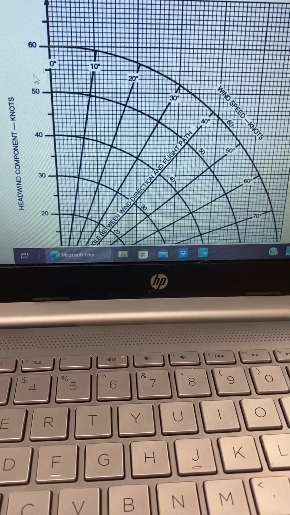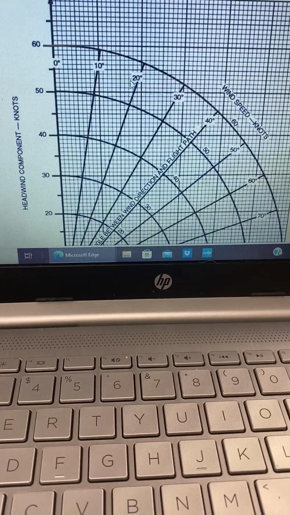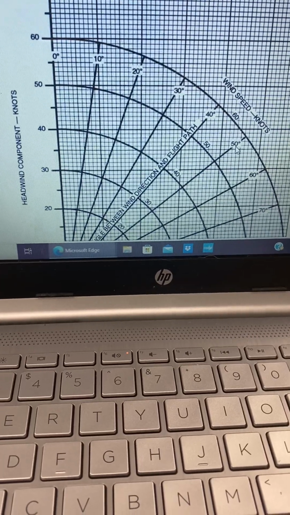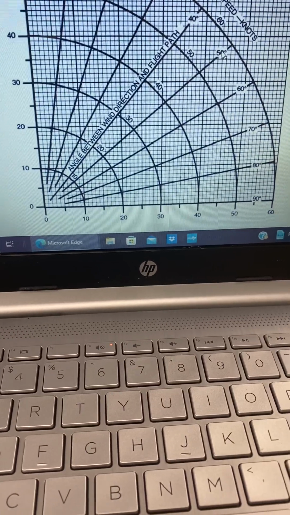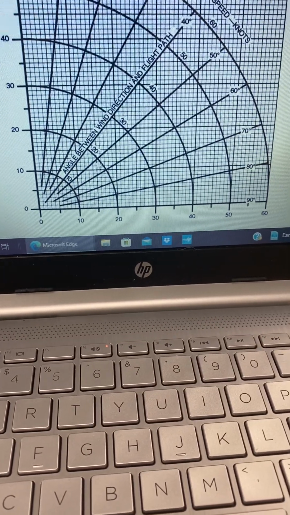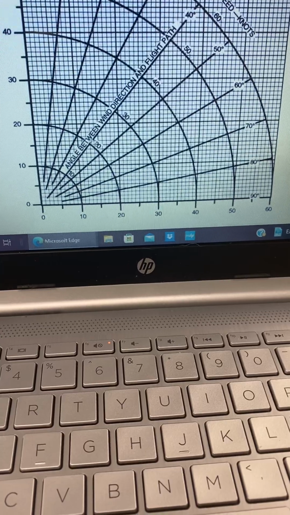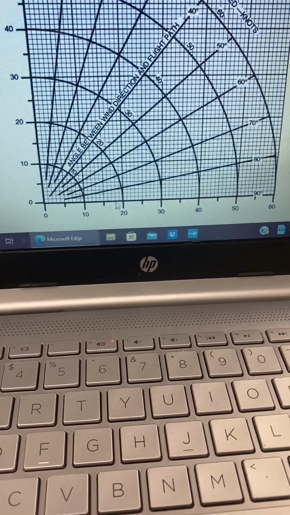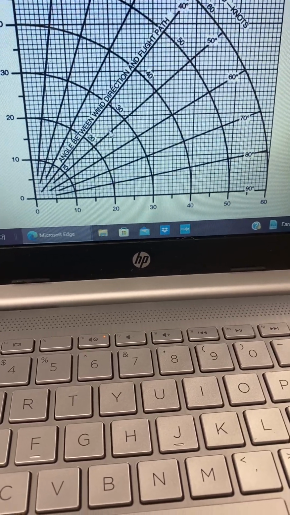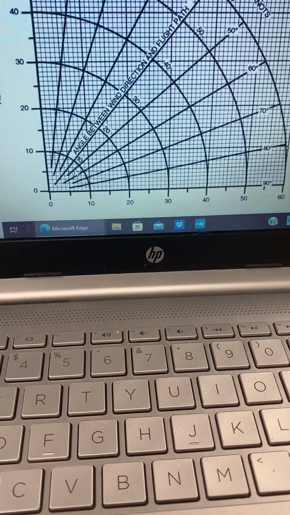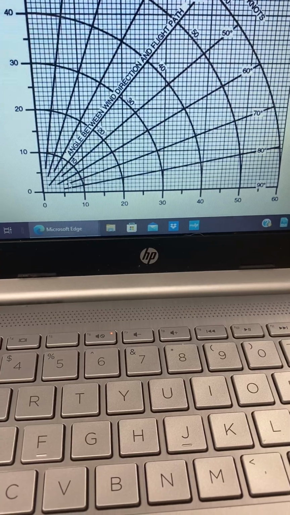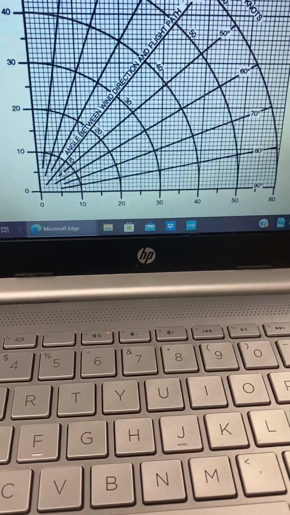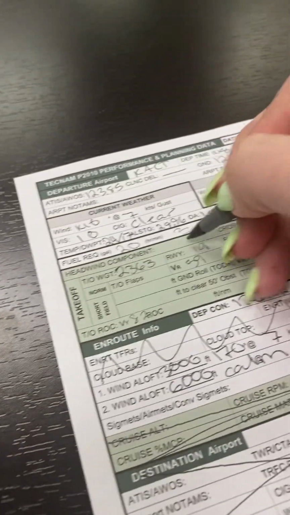So we're gonna come down here, 0 degrees, 10 degrees, 20, 30, 40, 50, right? So it's 50 degrees, but it's only 7 knots. So we're gonna go all the way down here, following these larger numbers that go here and here, all the way down to about 7 knots, okay? Which will probably be around right there. So it looks like our crosswind is gonna be about 6 knots, and our headwind is gonna be about 5, okay? So we're gonna go ahead and write that.